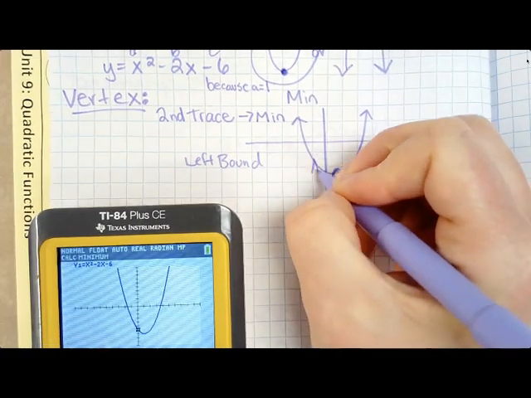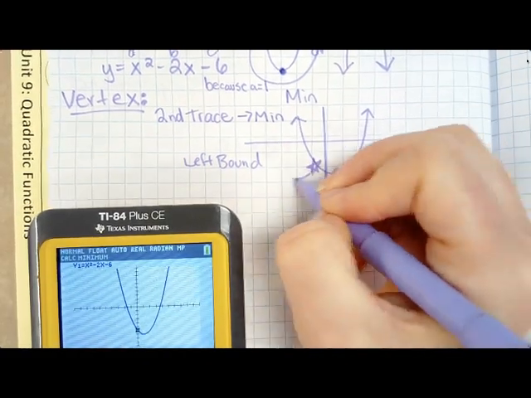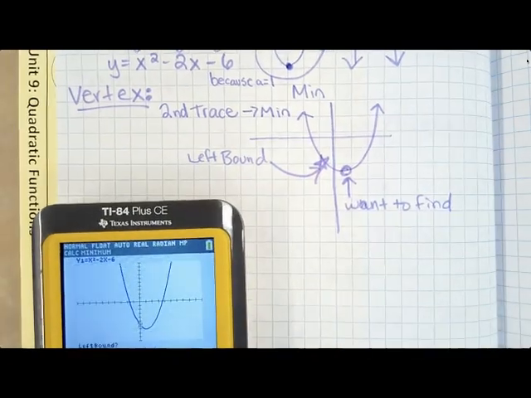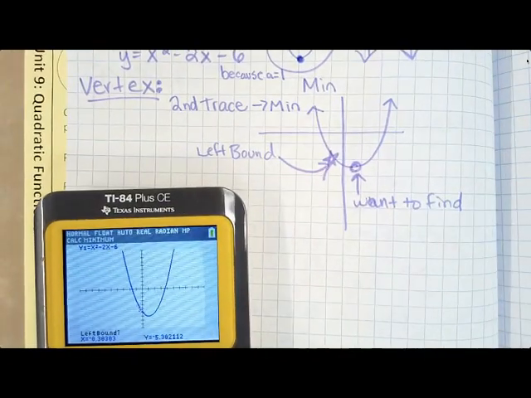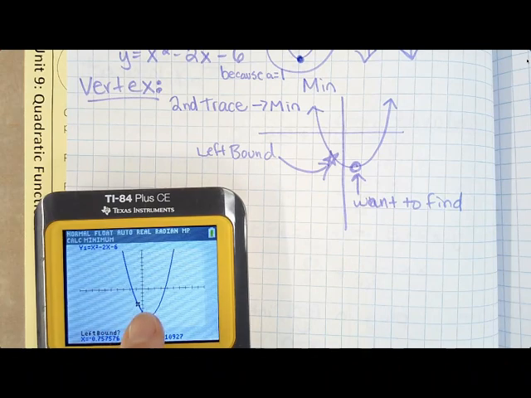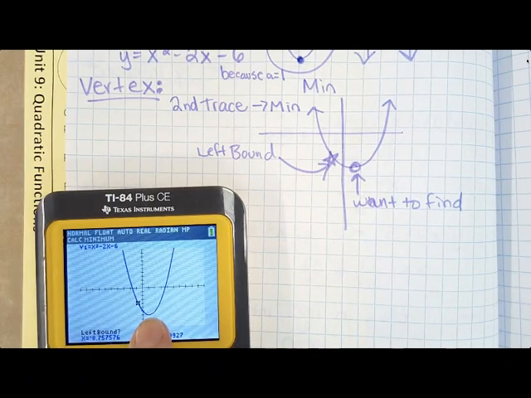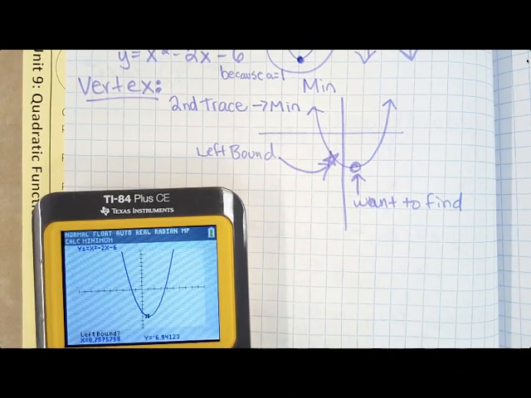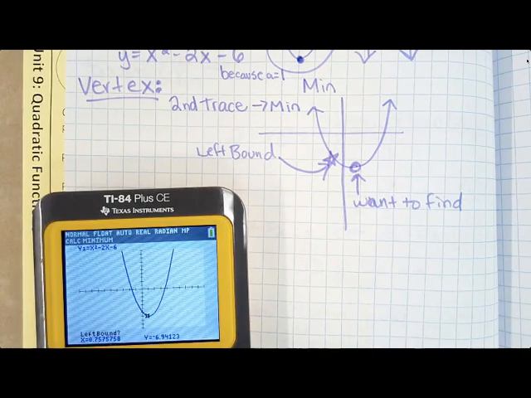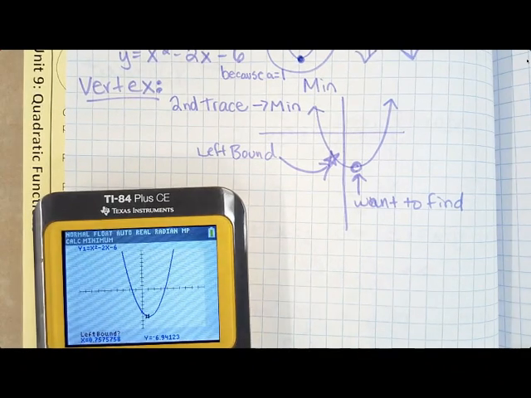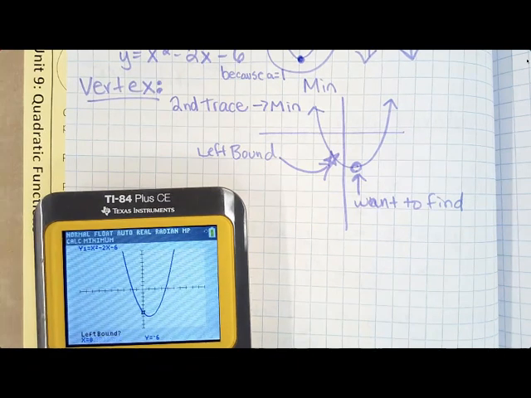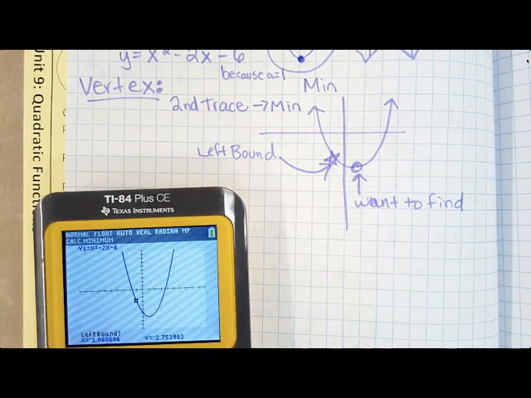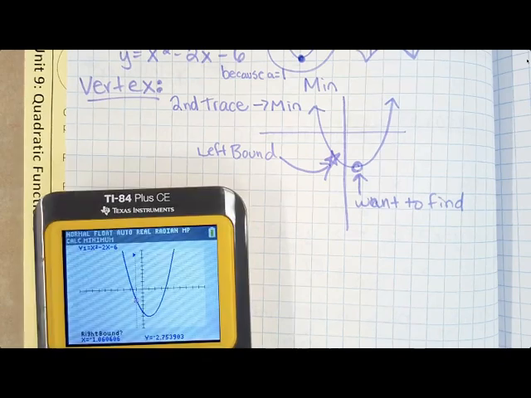Anywhere to the left would be called your left bound. So I'm going to move my cursor so it's on the left. It doesn't matter how far or how close you get. I would move further away than closer. I wouldn't want to be right on top of it because that might make the calculator get confused. So I'm going to go over here and select left bound.